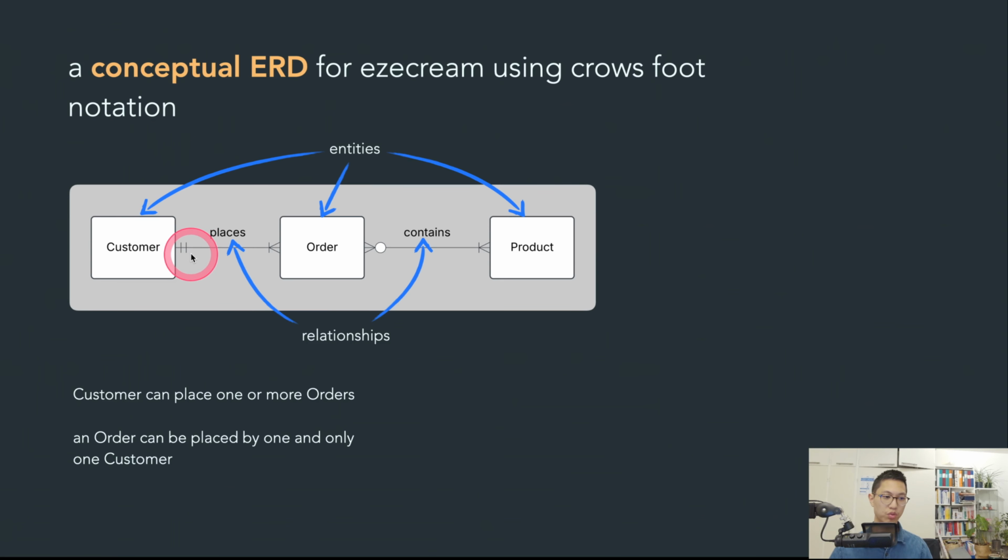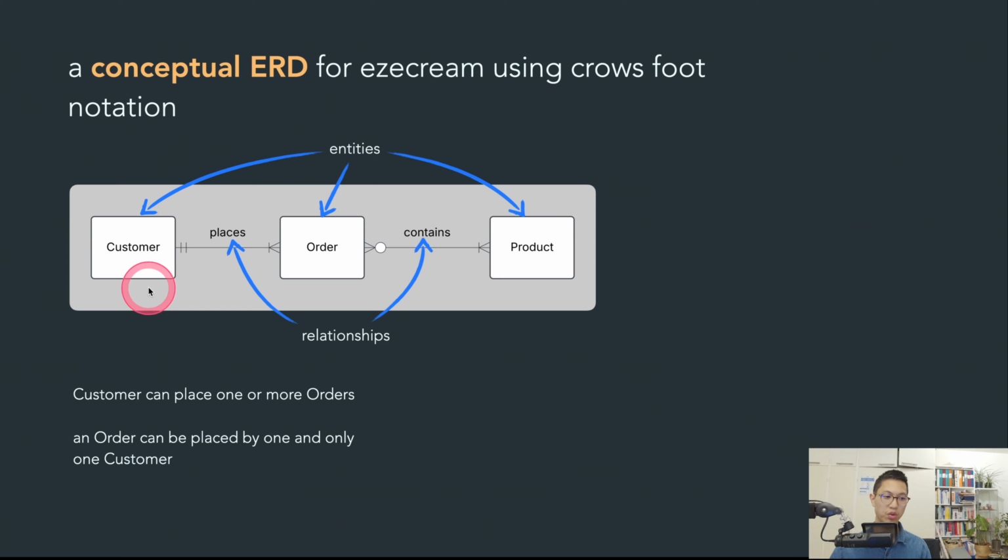You should read it as this is one, the minimum one, and then the maximum is one. So one and only one. While here is one or more, one or many. So you read it from right to left: an order can be placed by one and only one customer.